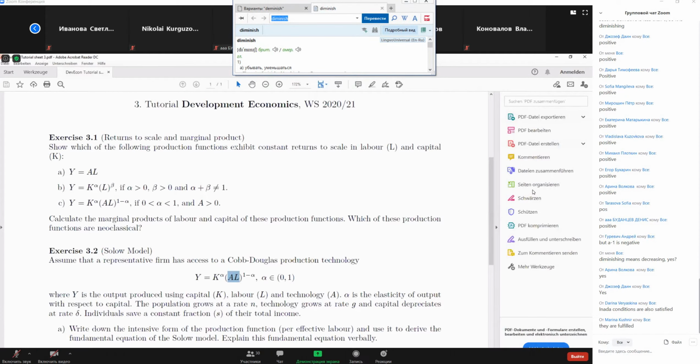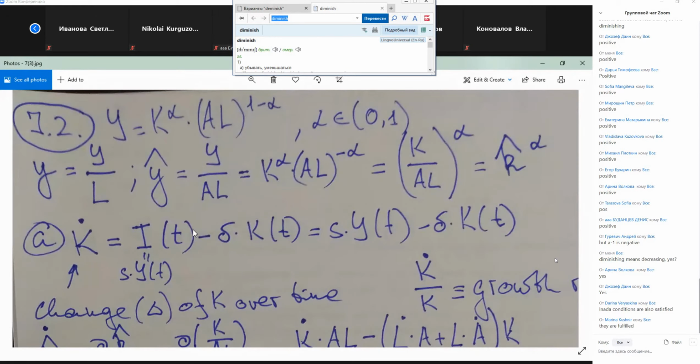And now we start the task by listing some notation, the notation of the Solow model, and of my handwriting too. On top we have the production function.